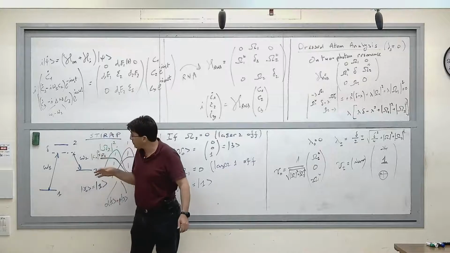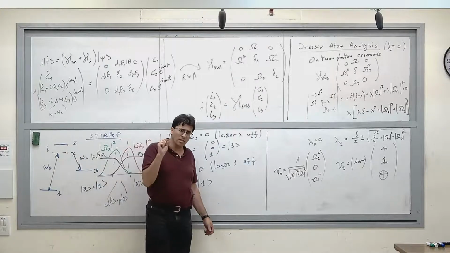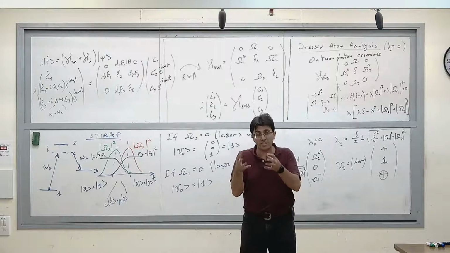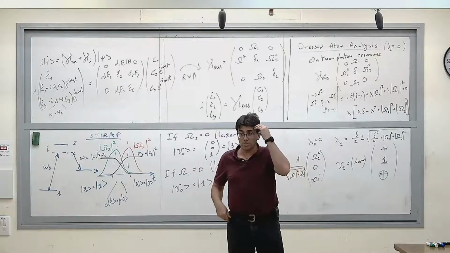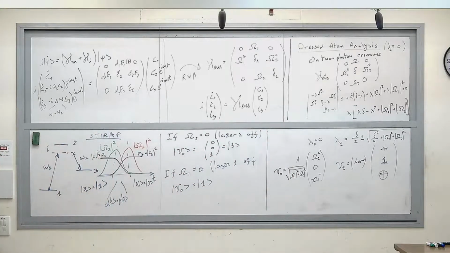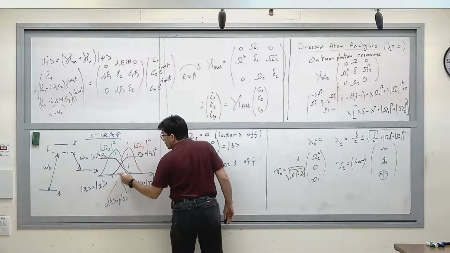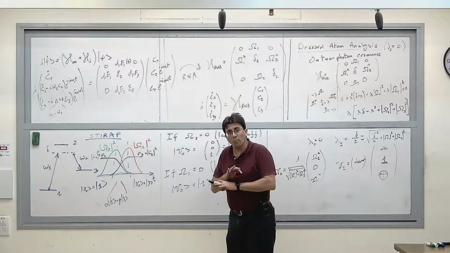And eventually what happens is that, yeah, population does go through state 2, but only very little. At any point in time, there's very little. So if I look at state 2, I almost always see practically nothing. If I look at the population of state 2, I would see it somewhere here. It would be very, very low. It wouldn't be completely zero.